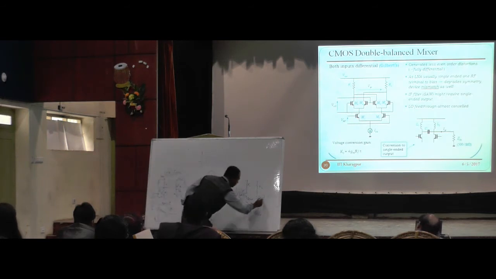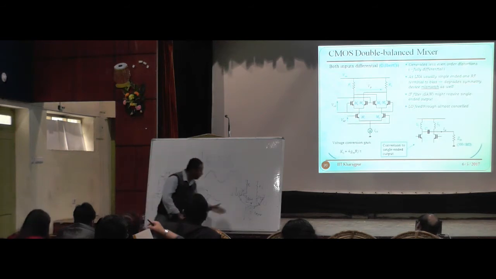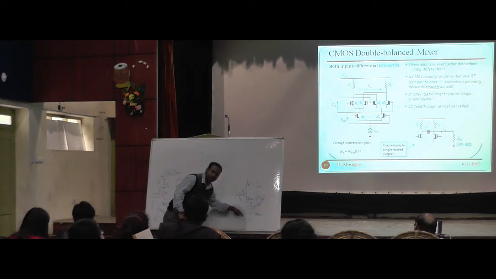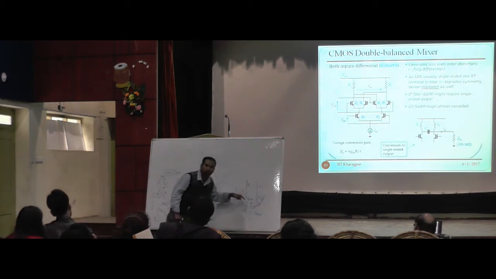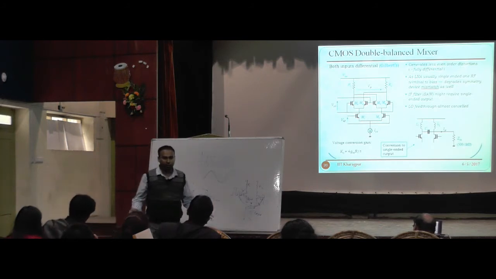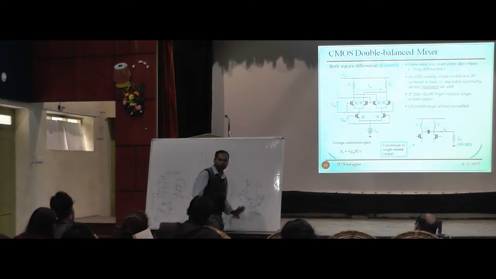Because of this coupling, the charge has nowhere to flow. One way it is, but this is not fully on. This is sinking current, but this fellow is not allowing that much current. What else can it do? It has to cease its operation as a current source.